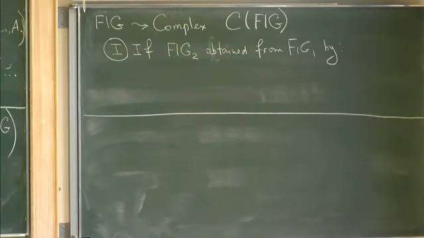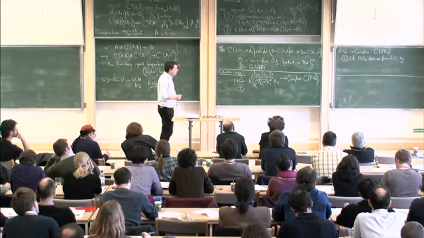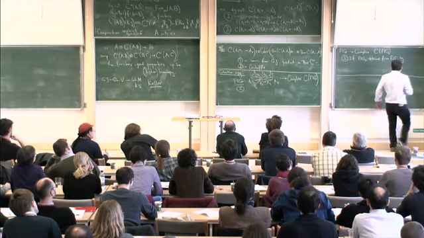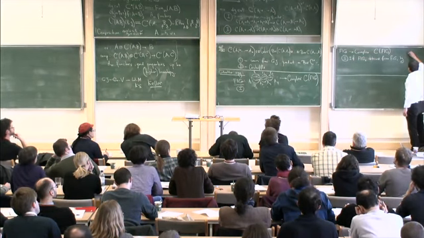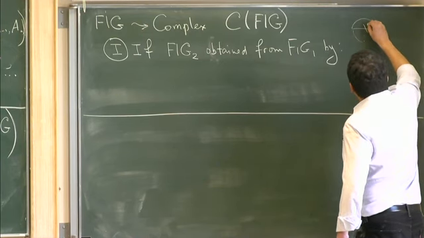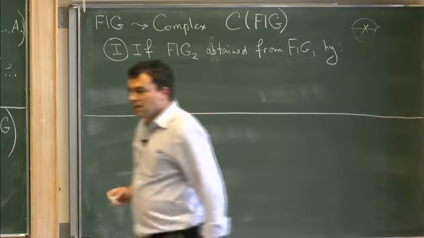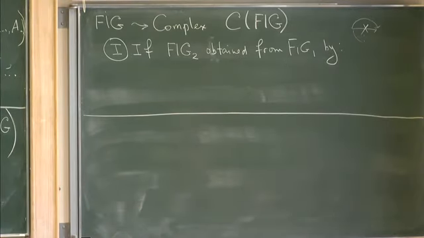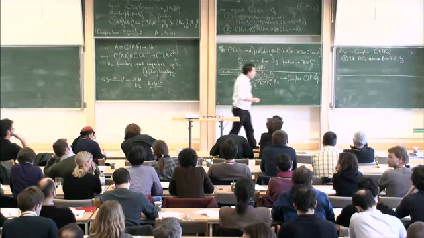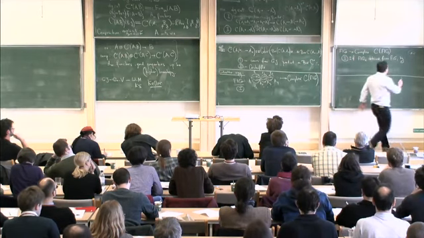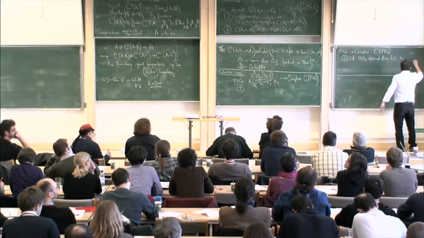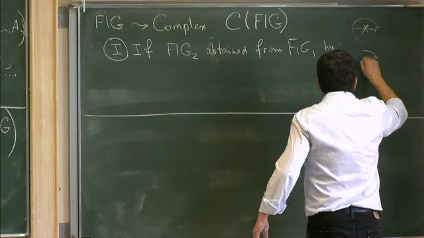A figure 2 is obtained from the figure 1 by two types of operations, namely, one can delete a horizontal arrow, so like this, or one can delete the other.